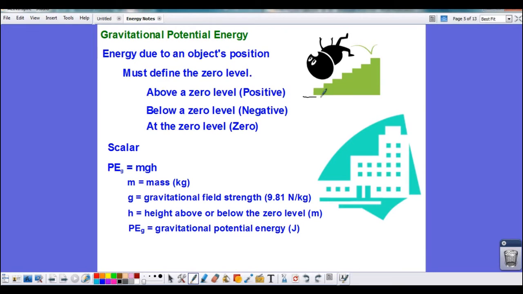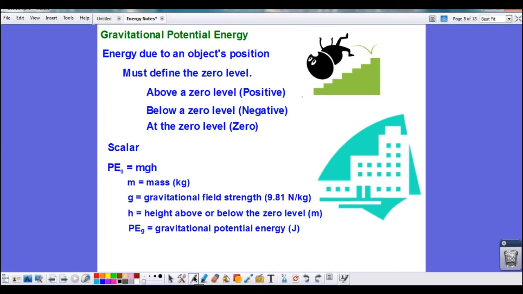Now, if an object is above the zero level, it's going to have a positive gravitational potential energy. However, if we put the zero level high up, then the height is going to be negative, and there will be a negative gravitational potential energy. If the object is right at the zero level, then it will have zero potential energy.